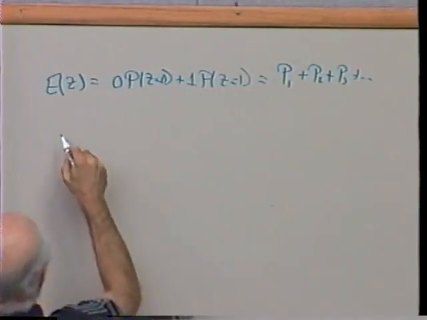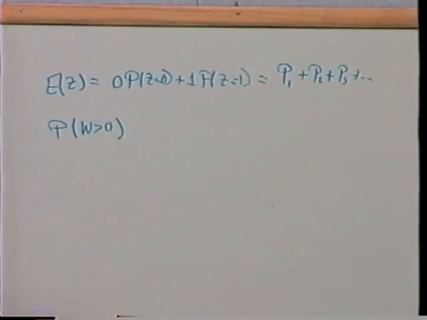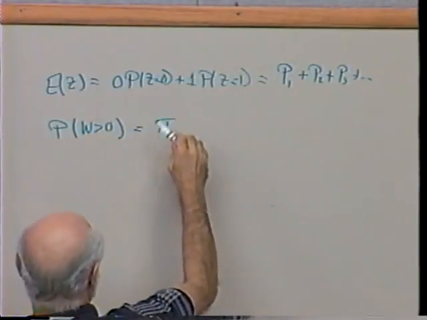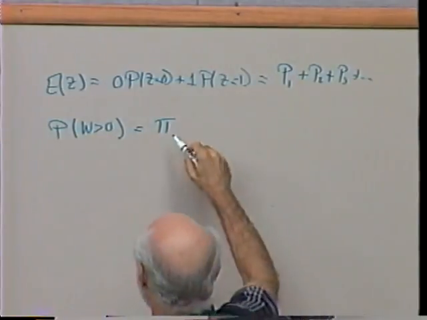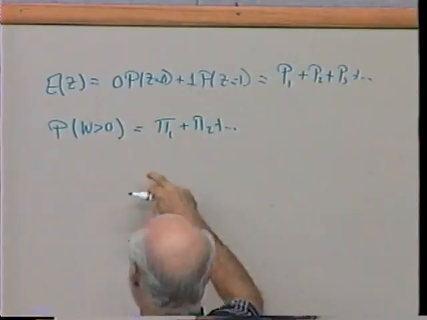Now, what's the probability that W, the waiting time, is greater than 0? That's this piece right here that I want to get. And that probability is equal to the probability that the arriving customer finds the system in state 1 or state 2, and so forth.